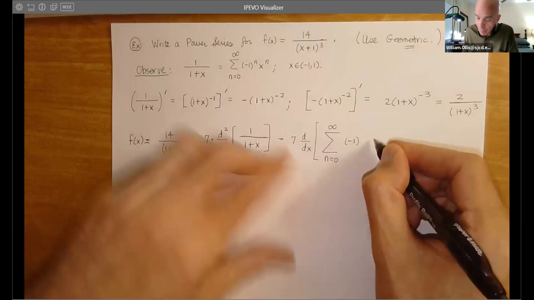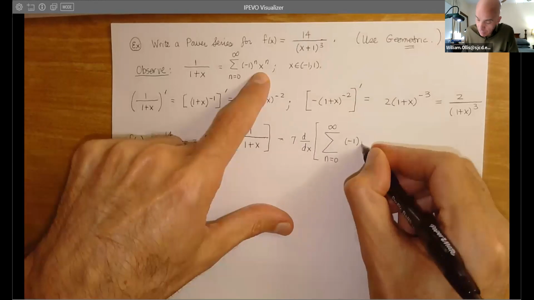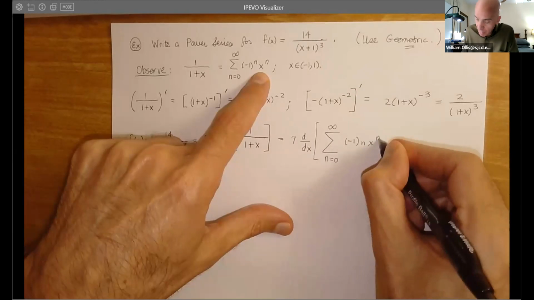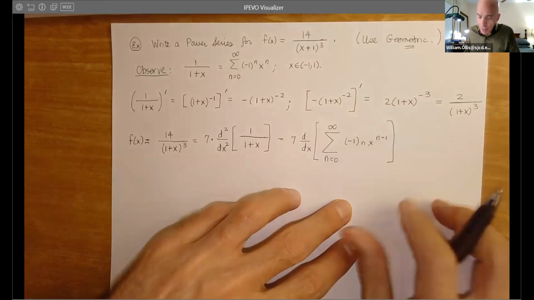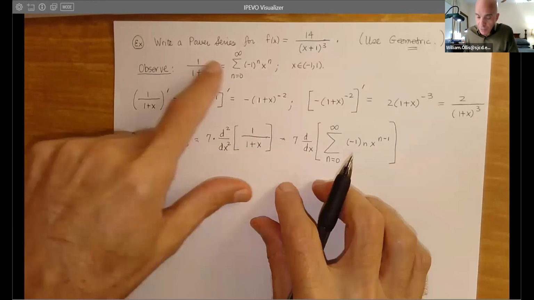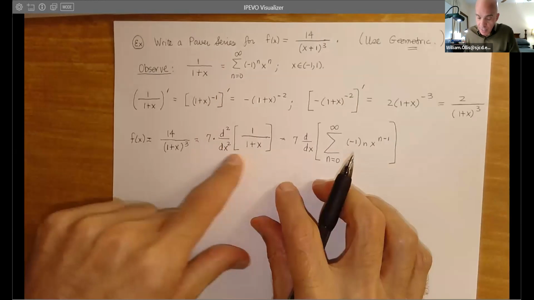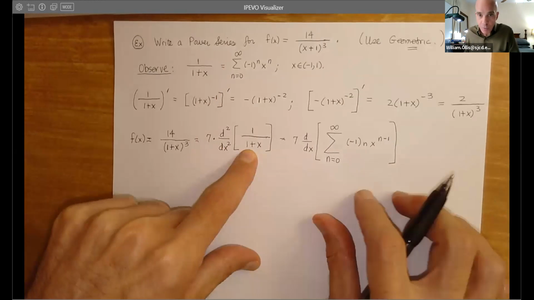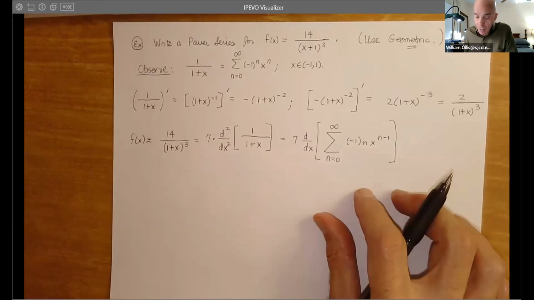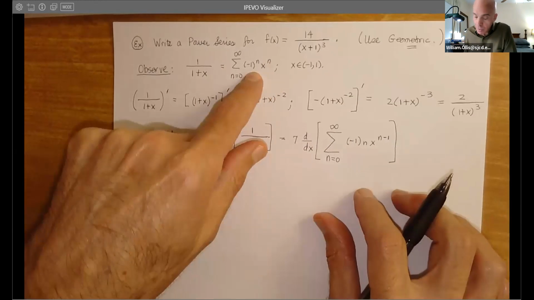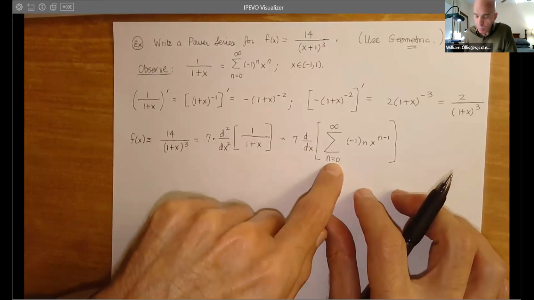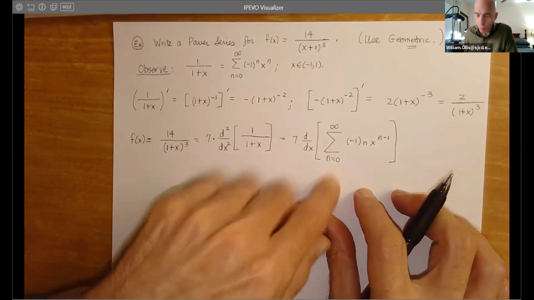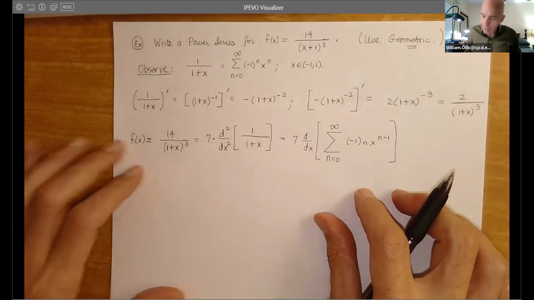Take the derivative, bring the n down, x to the n minus 1. So we replace this with the series and differentiate it once, term by term differentiation. So n down, subtract 1. So now, of course, if you wanted to, you can start with 1 here. We won't worry about it. We'll just fix it at the end.